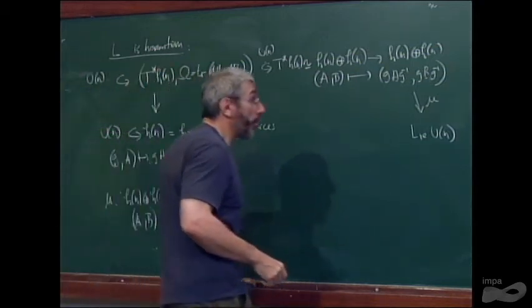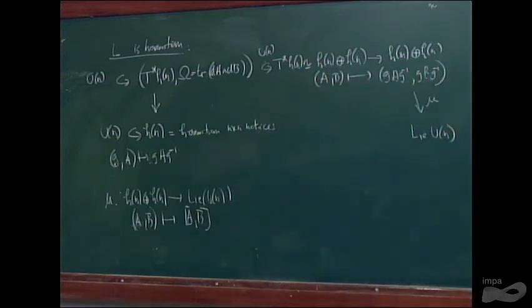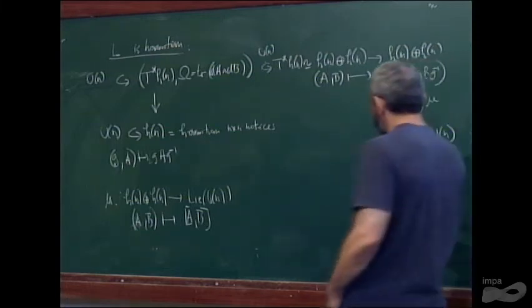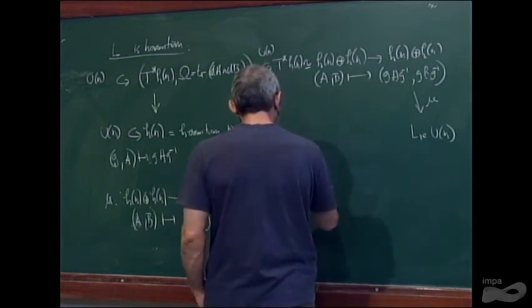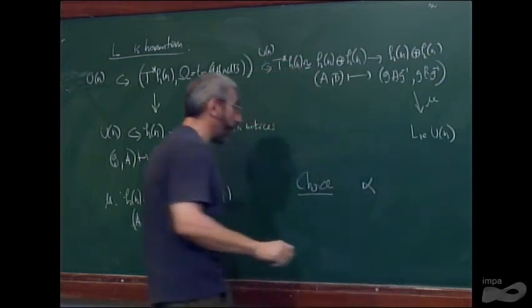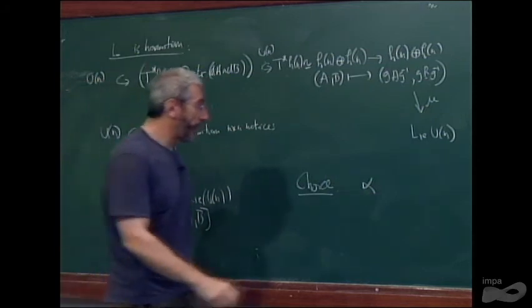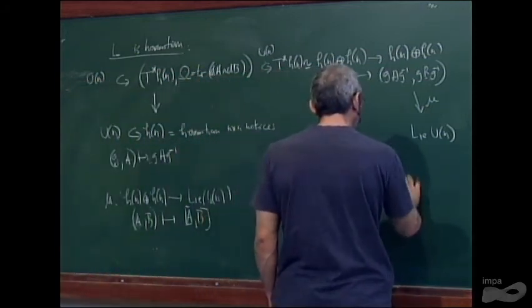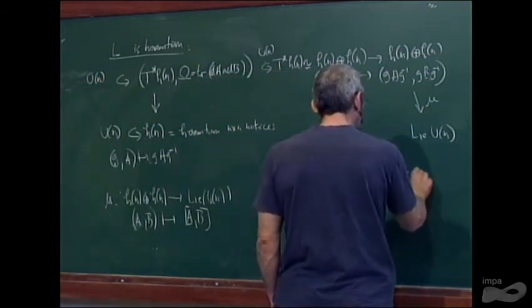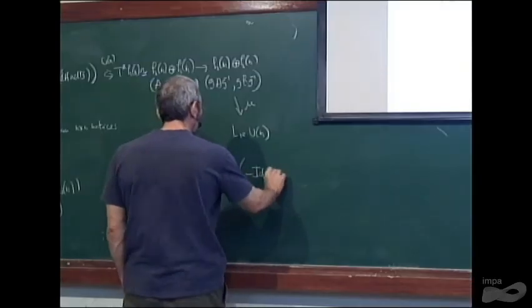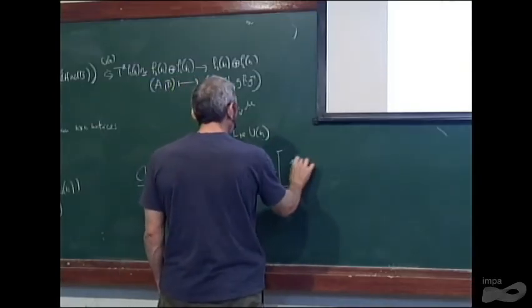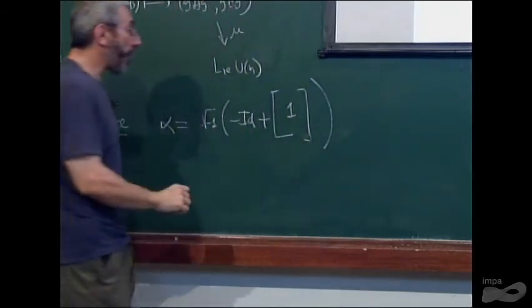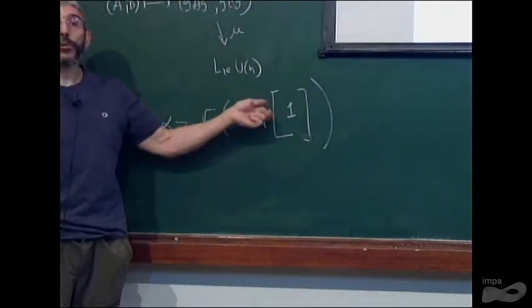So the choice that they made was to select alpha equal to square root of minus 1 times minus the identity plus the n by n matrix where you have only 1s.